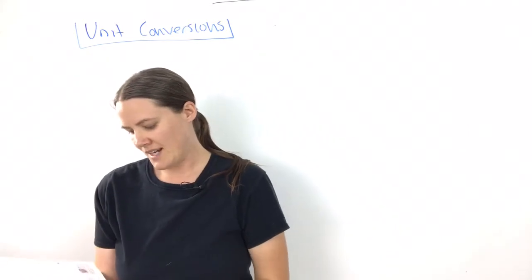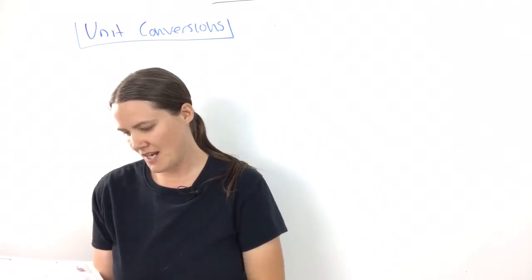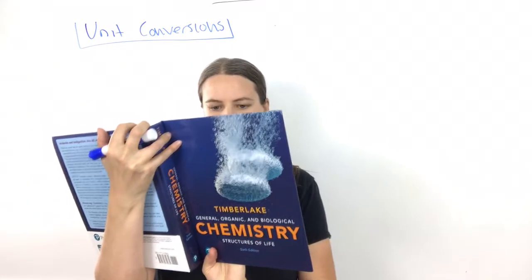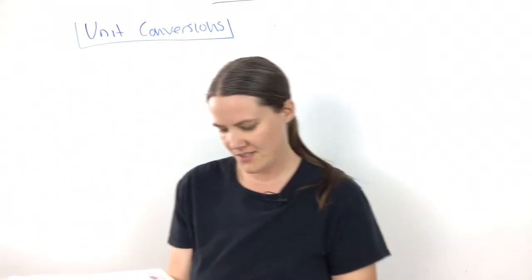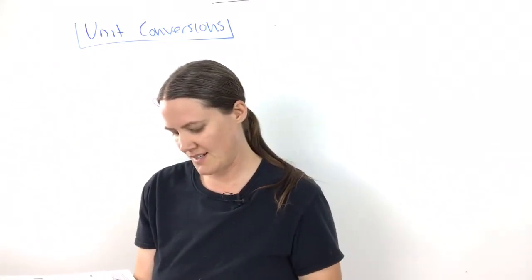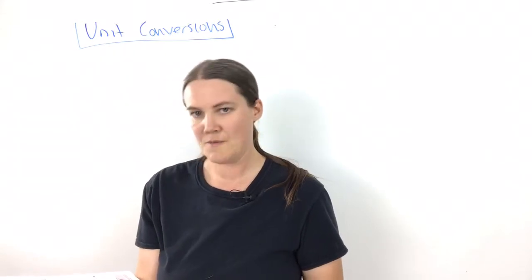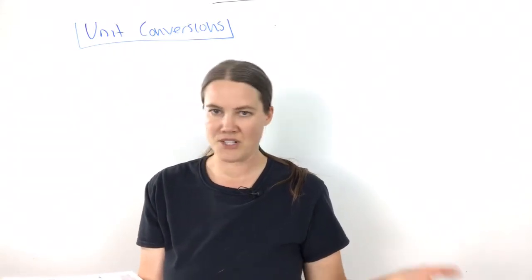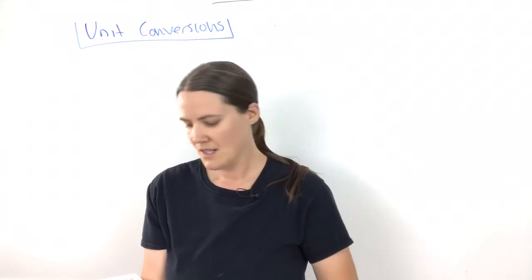So what I'm looking at is table 2-7 in this book, and this is just some common equalities. This has conversion factors for metric, US, and then metric to US or US to metric.